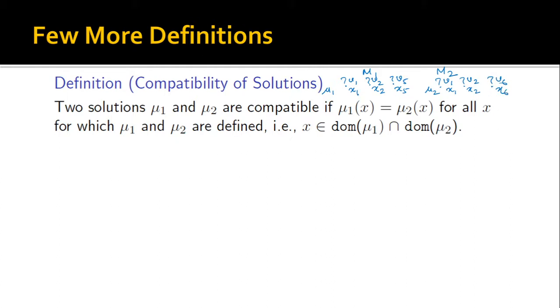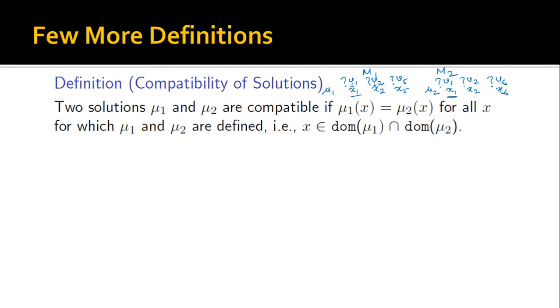Now we'll say that these two solutions are compatible if the variables which are common to both the solutions are assuming the same value. They are instantiated with the same value. So, for example, here V1 has been instantiated with x1, and V1 has been instantiated with x1 here.